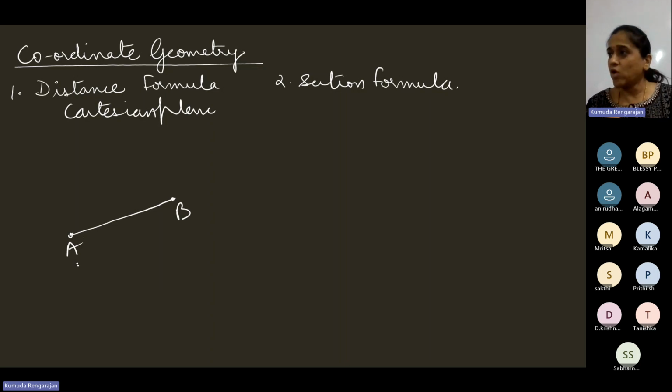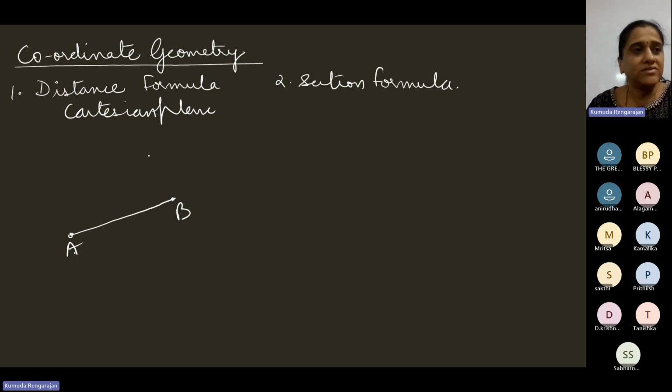Now we have a formula which is called the distance formula, which is used to find the length of this line segment AB, which is also the distance between the 2 points A and B. Both are the same. Okay. So we have a formula, and the formula goes like this.